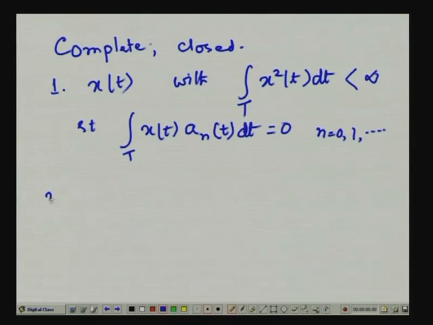And the second condition is that for any piecewise continuous signal x(t), with the same condition of finite energy, that is integral of x squared(t) dt over capital T must be less than infinity.